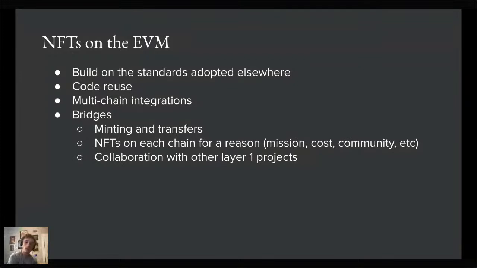One of the big problems we see with bridges in the DeFi space is just getting liquidity across chains. We don't really have this problem with NFTs because there isn't the concept of liquidity in the same way that there is with more capital-based tokens that are acting as currencies. So if we have an NFT that's minted on Celo and then transferred to Ethereum, it's almost the same.